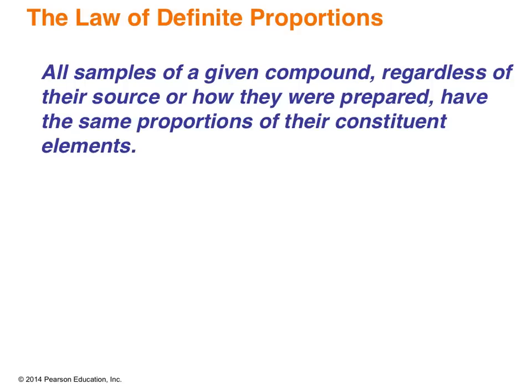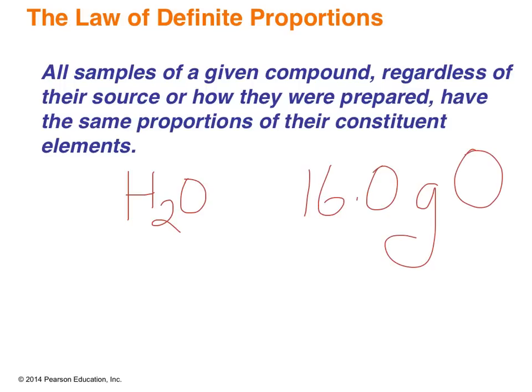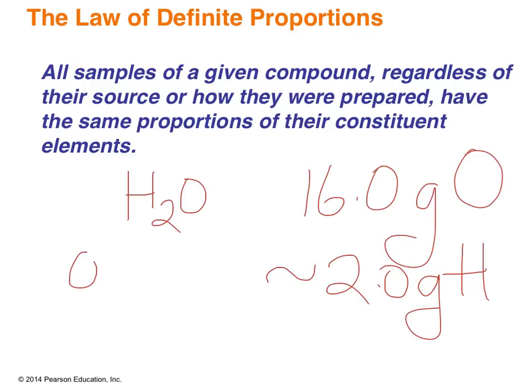For example, water is H2O, correct? 16 grams of oxygen and roughly 2.0 grams of hydrogen. So the mass ratio of oxygen to hydrogen is 8 to 1. And this could be water from anywhere, regardless of the source.